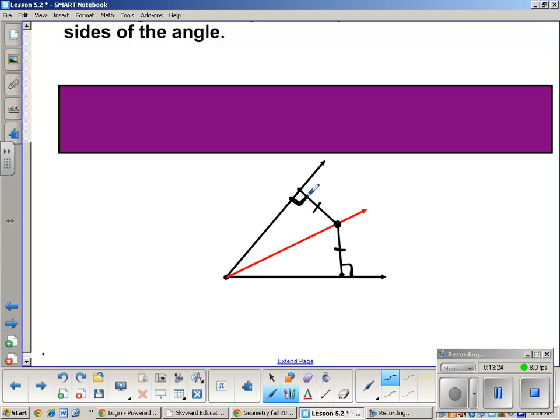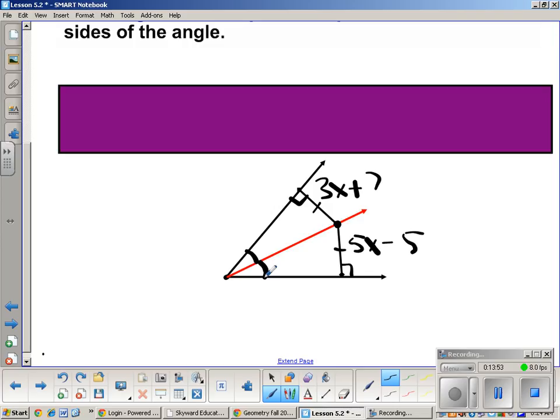Here's the problem. All of a sudden they say, well, this is 3x plus 7, and this is 5x minus 5. And they want you to find x. So how do I apply this rule to that? Yeah. Set them equal to each other. Oh, I'm sorry. First of all, they do this. What does this mean? Oh, it's bisector.